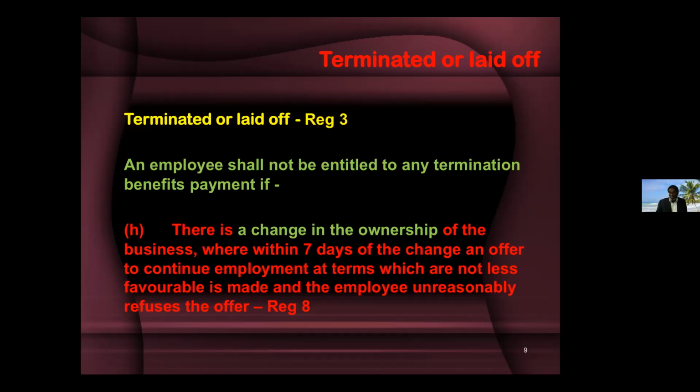In a change of ownership, there's a buyer and a seller. When the future buyer offers the employee terms and conditions to continue employment which are not less favorable, and the employee unreasonably refuses the offer, then termination benefits shall not be payable.